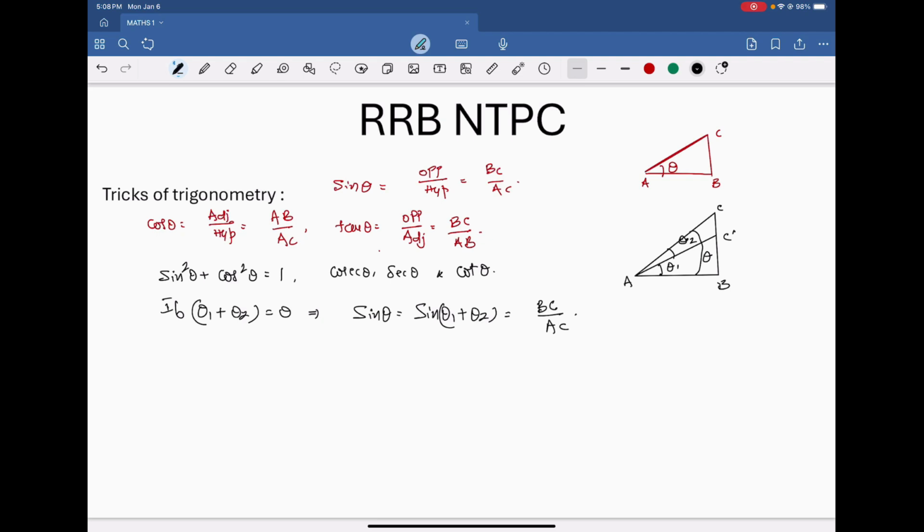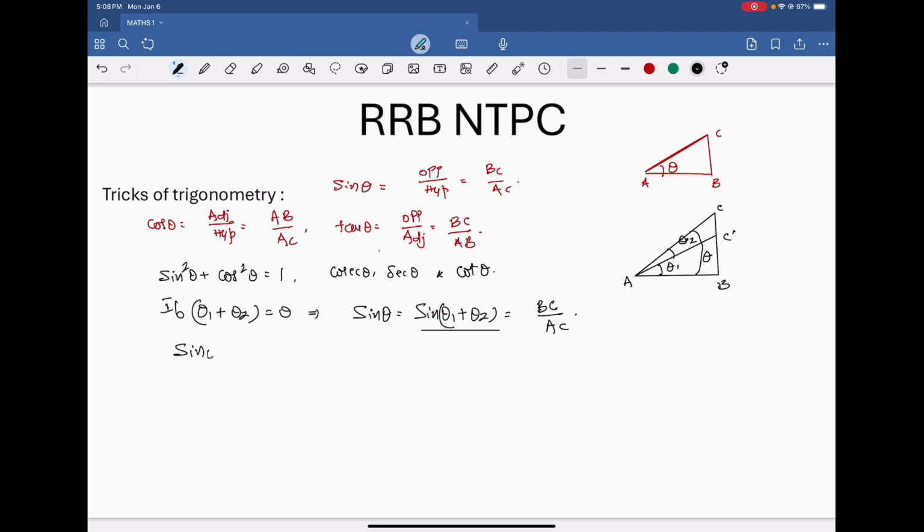BC is equal to BC dash plus CC dash, and AC is hypotenuse. AC is same for every angle.